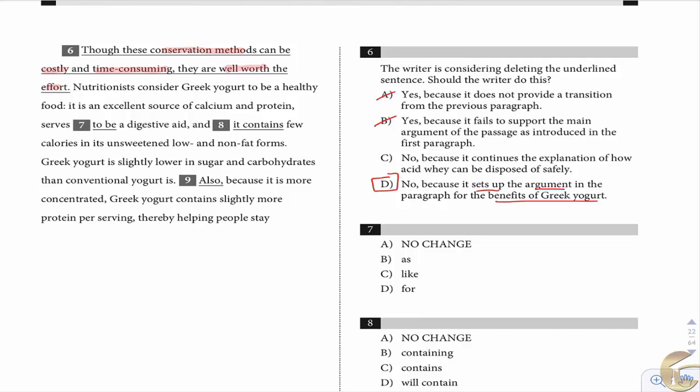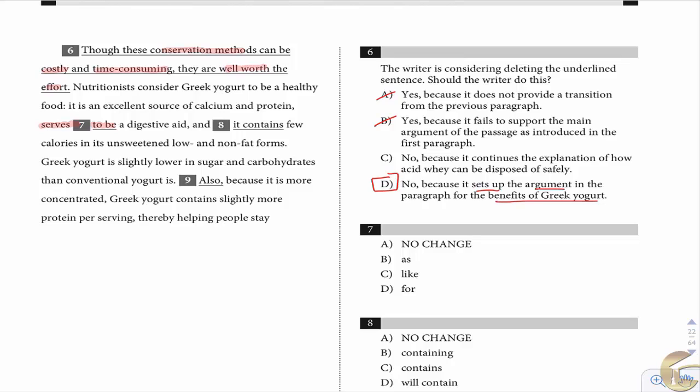Number 7 says, and it's just changing this underlined portion. So nutritionalists consider Greek yogurt to be a healthy food. It is an excellent source of calcium and protein, and it serves blank, a digestive aid. So in this case, what we're trying to do is see the proper prepositional phrase that goes with the word serves. We got serves and then blank.